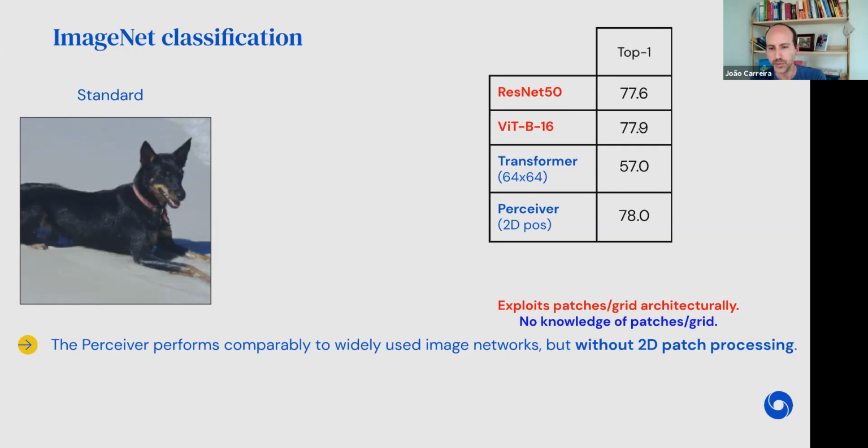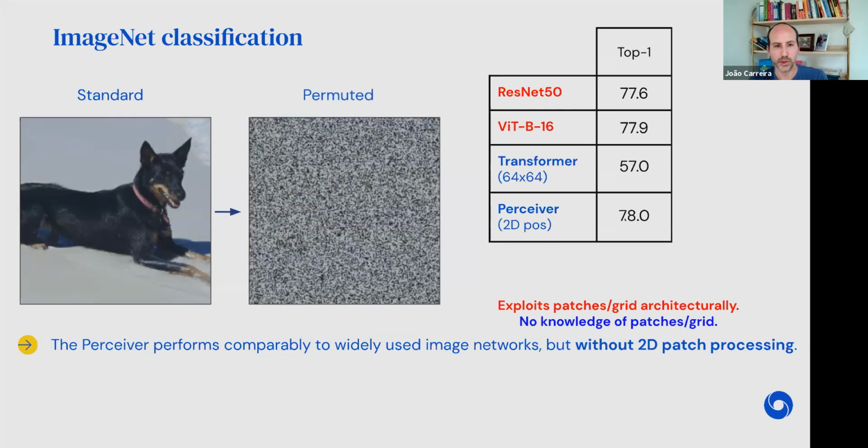If you try just a transformer, but on much lower resolution, because it doesn't scale very well, the maximum you may be able to do on a standard GPU is a 64 by 64 image. You get much worse performance at 57%. Whereas with a Perceiver with these Fourier features that encode position at the inputs, you get 70.0%, without any convolutions or patching, directly from pixels.